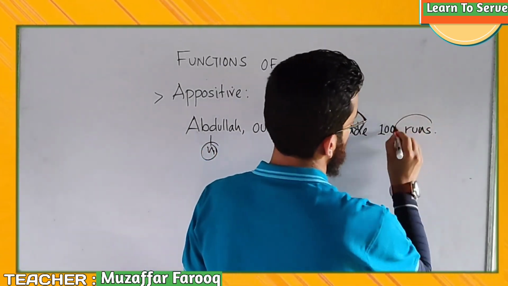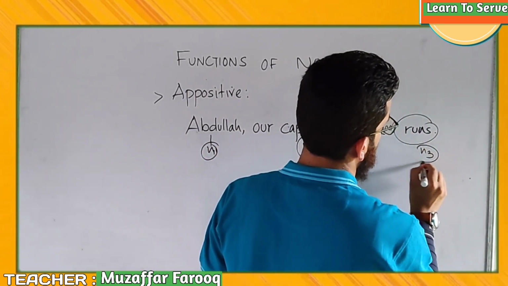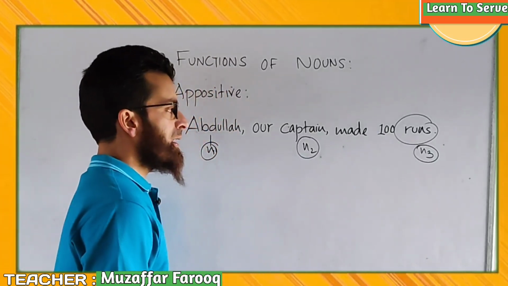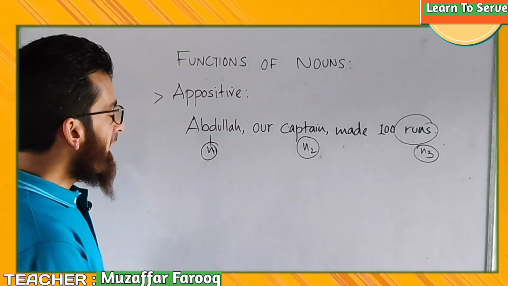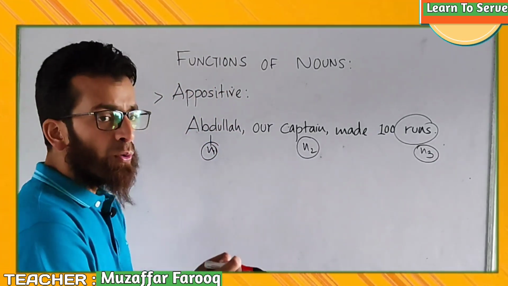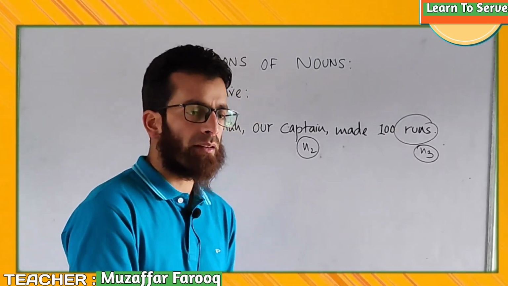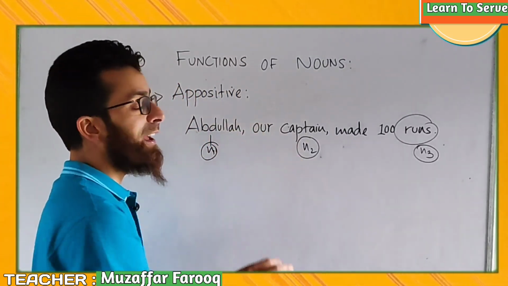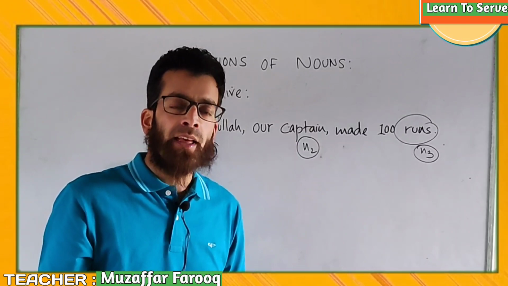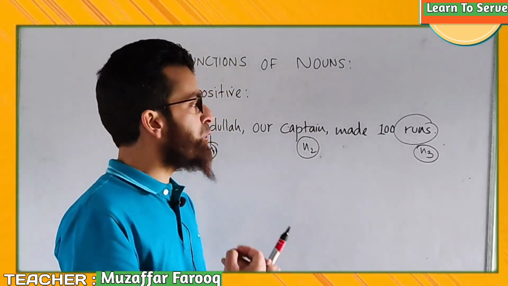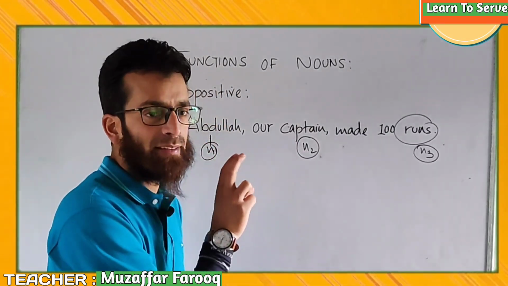We have noun 3. So there are two nouns which are used for the same person, that is Captain and Abdullah. They are not two different persons. They are just used for a single person.